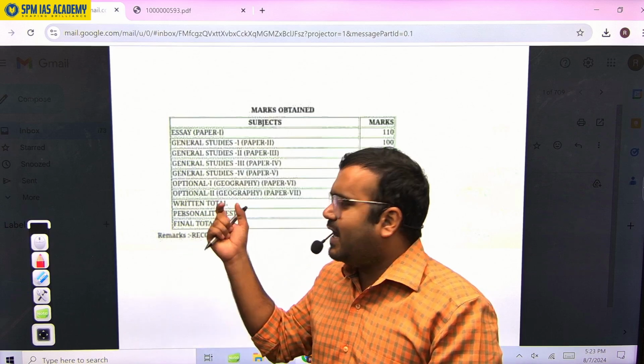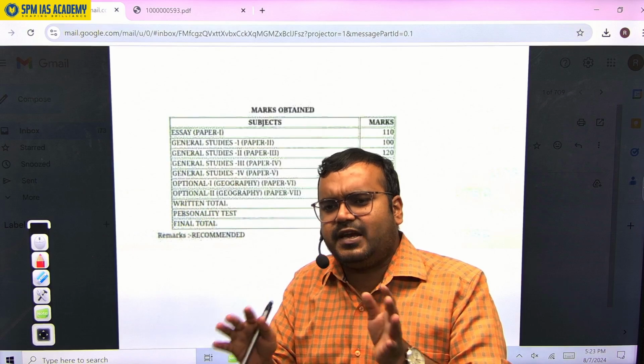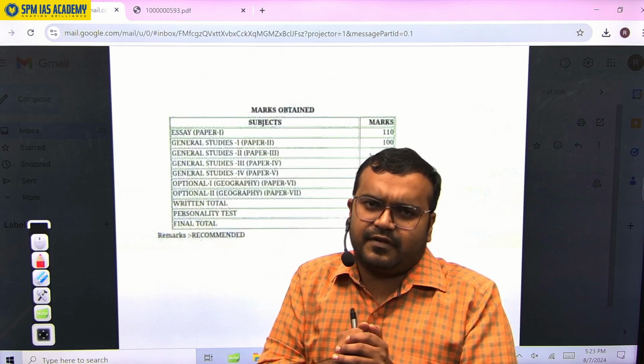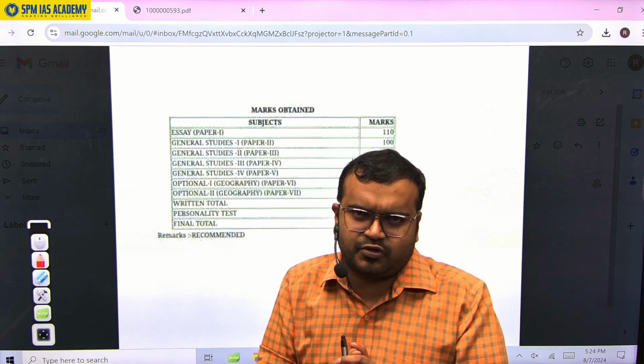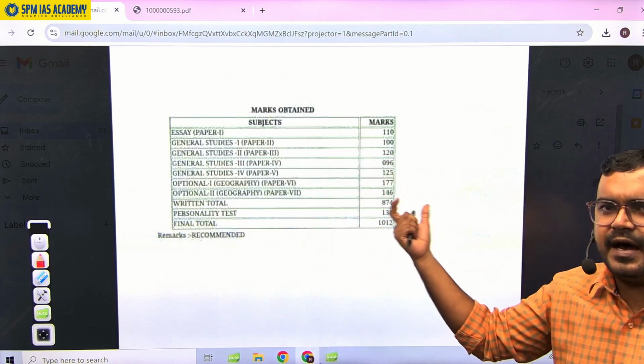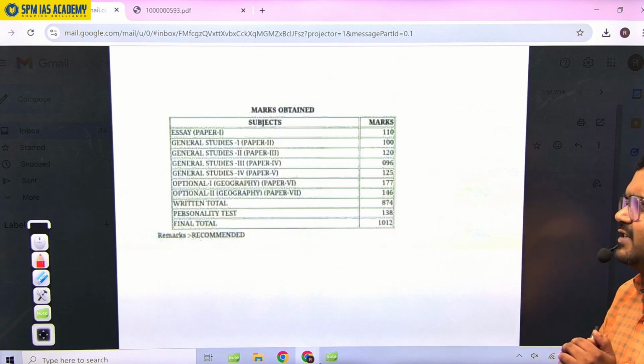We will see them one by one. There are majorly all the optionals, especially the popular ones as well as the non-conventional ones, where students have been able to cross that barrier of 290 or 300 marks, or at least reach close to that, right?